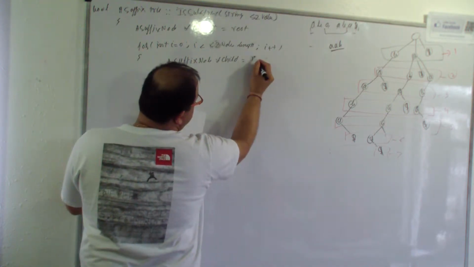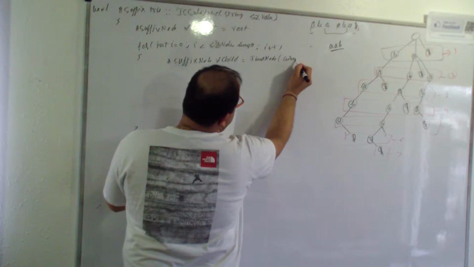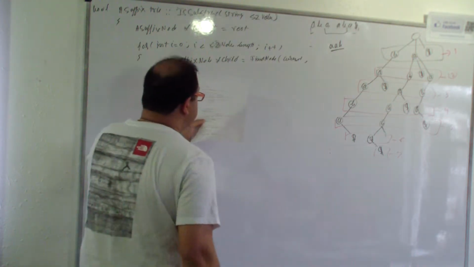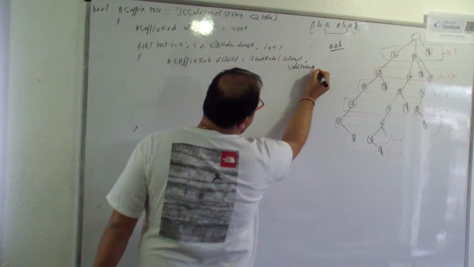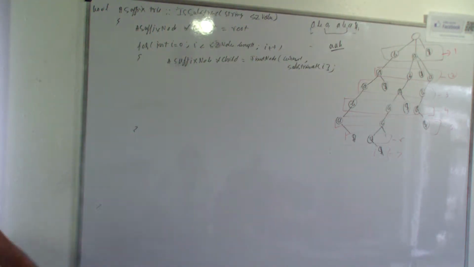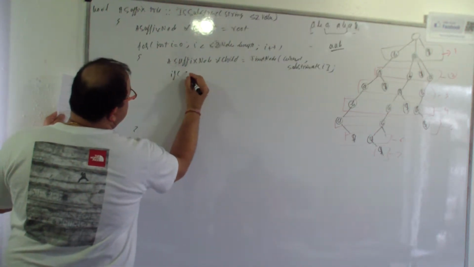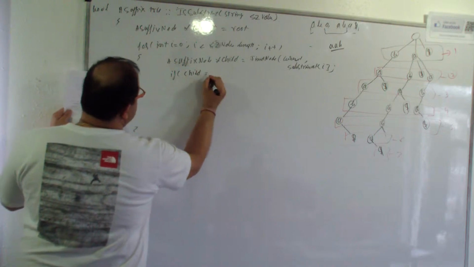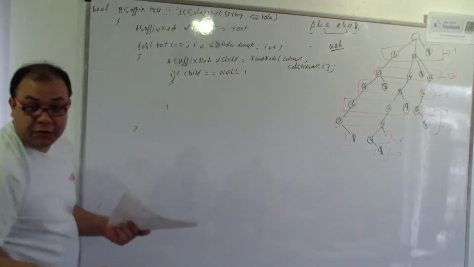Find node current, comma i suffix string at i. So I'll find the substring at i, and then we'll check if child is equal to null, which means that we did not find it.